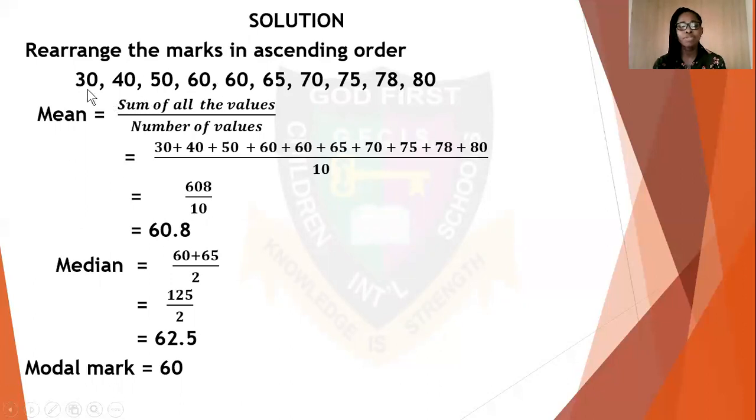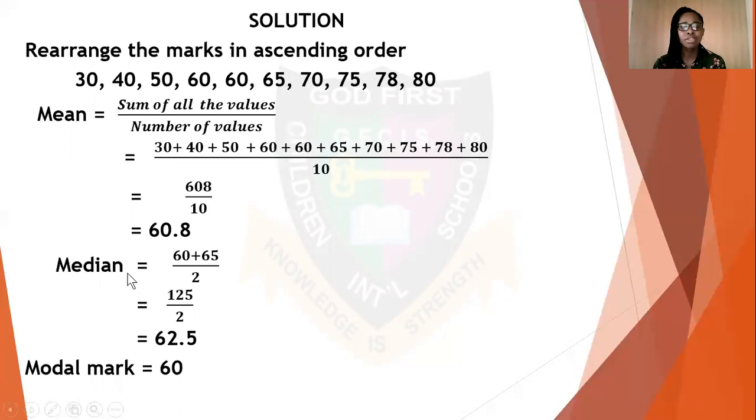So now we count from the back and the front. This is one, this is also one, this is two, this is two, this is three, this is three, this is four, this is four. So we are left with 5 and 5, which is 60 and 65. To get the median, we need to look for the mean of 60 and 65.